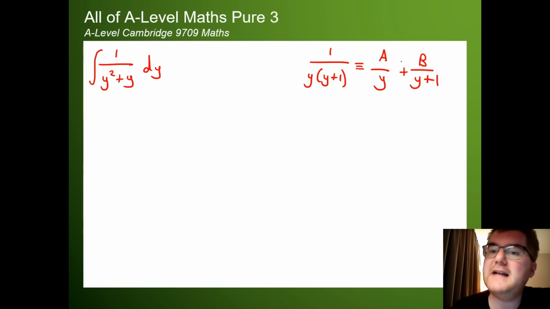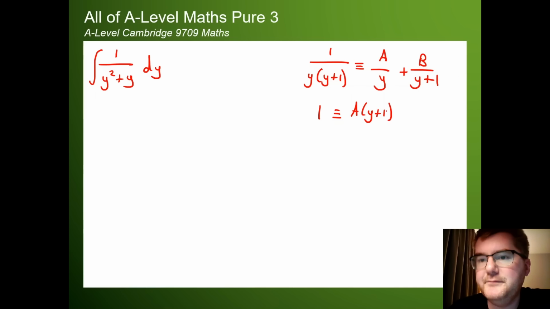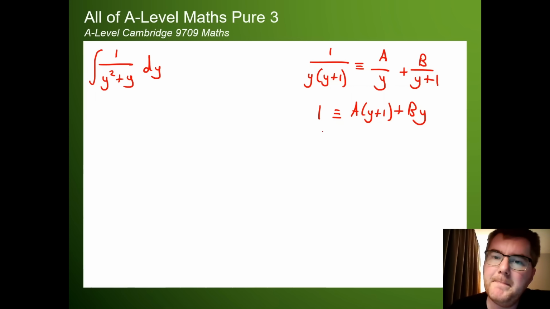Now, in order to work out a and b, I'm going to times by the denominator. So I'm going to get 1 over here. And I've timesed by y already, but not y plus 1. So I'm going to get a brackets y plus 1. Plus over here, I've timesed already my y plus 1, but I've also got y. So this becomes by. If I expand out the brackets, I get ay plus a plus by.